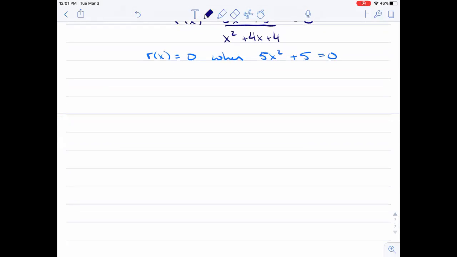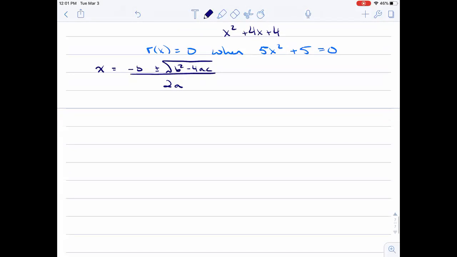Okay, so x equals -b plus minus the square root of b squared minus 4ac over 2a. So we've got -0, right?